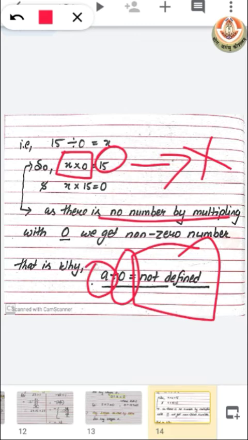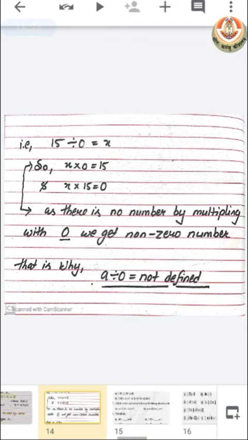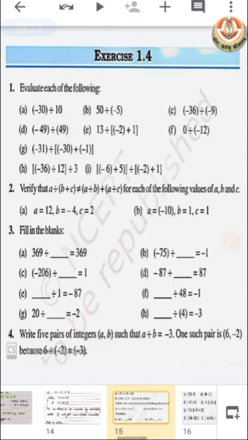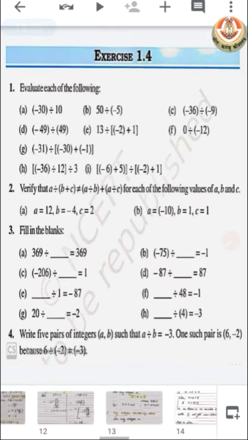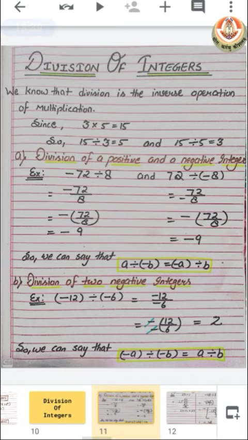Okay, class? Let's move on to the next one. Next, we will solve few questions of exercise 1.4. Before that, let's recall the properties of division of integers we have learned so far.